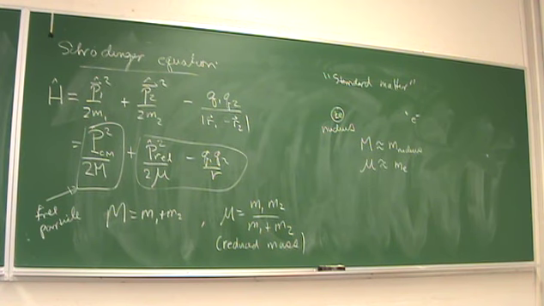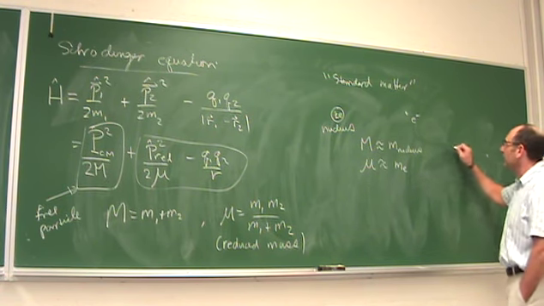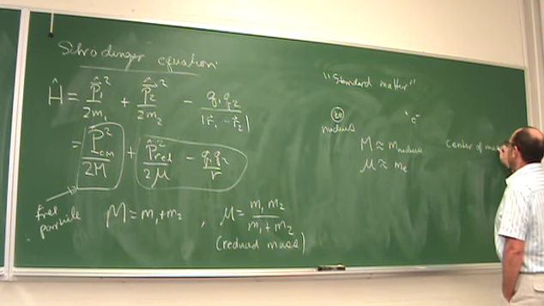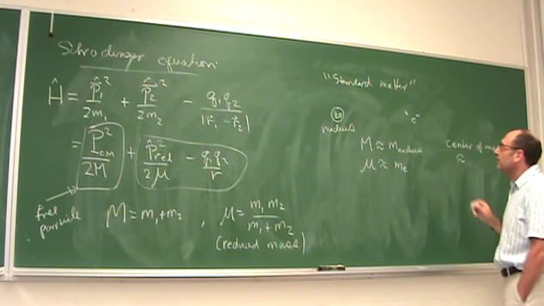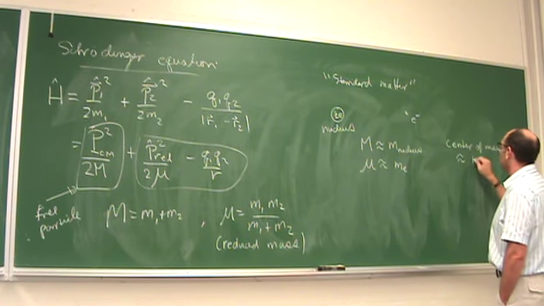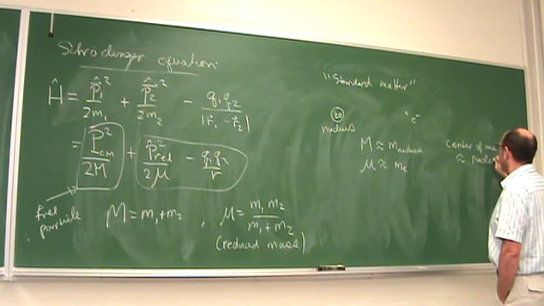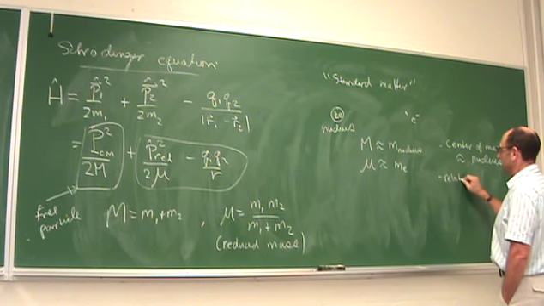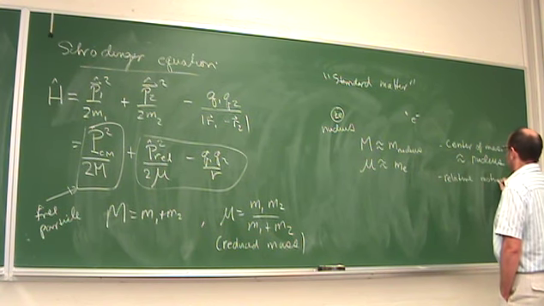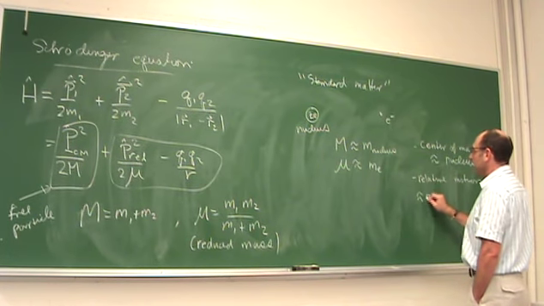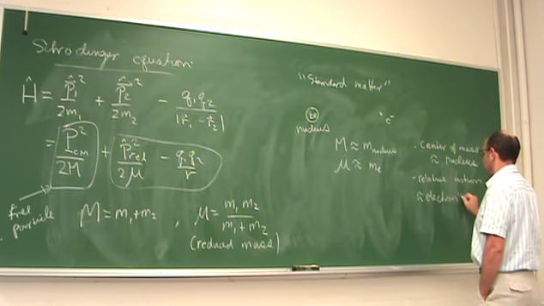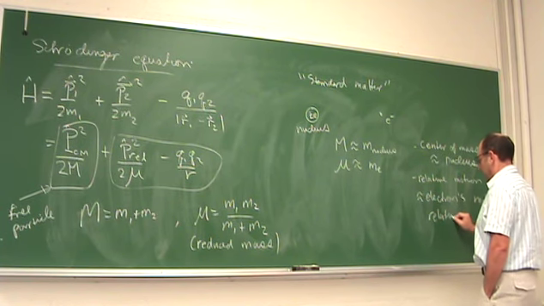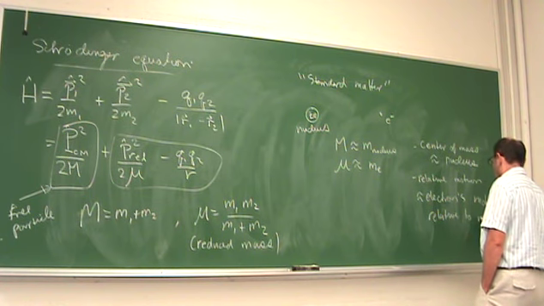So in this case, we can think about the center of mass degree of freedom as almost the nucleus, the degree of freedom associated with the nucleus, and the relative motion is really approximately the electron's motion relative to the nucleus.